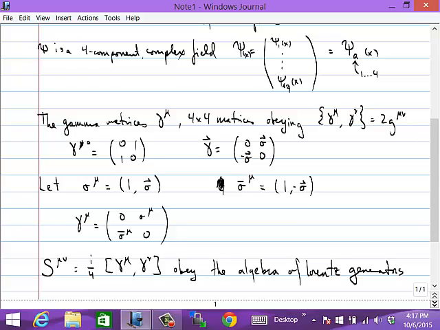In particular, in the same sense that, for example, sigma 3 in quantum mechanics is the operator that would measure the amount of spin in the z direction, S 0 1 here is an operator that would measure something corresponding to a boost in the x direction.